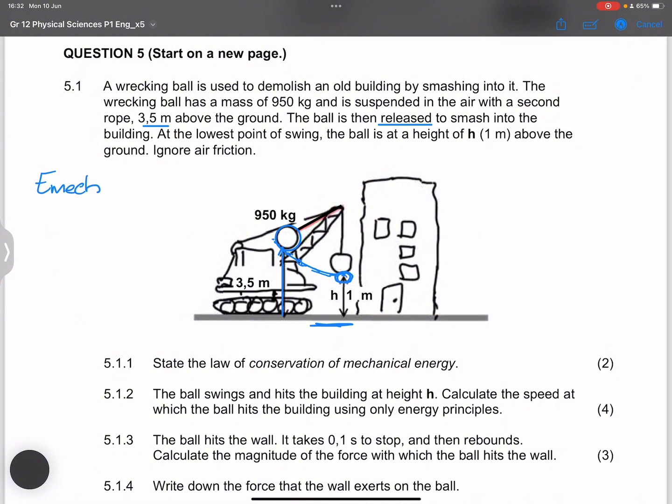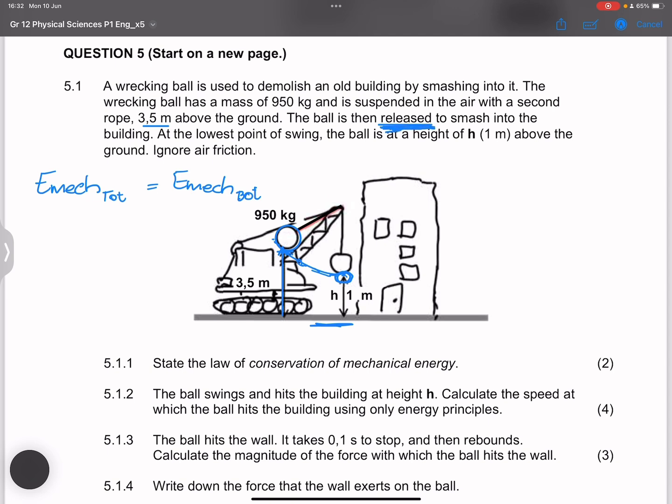So Emec at the top would be equal to Emec at the bottom. Now remember, this is when I take the ground as reference. Now if I take the ground as reference, remember kinetic energy, you must highlight the fact that it's released.